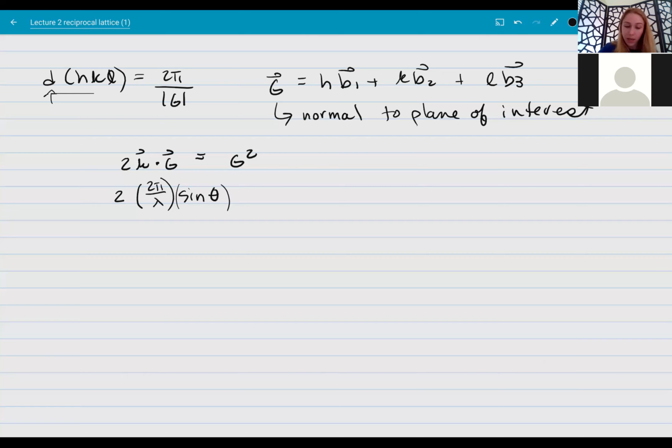And then G is equal to 2 pi divided by d_hkl. Plugging it into G squared, we get 2 pi divided by d_hkl squared is equal to what's on the left-hand side.